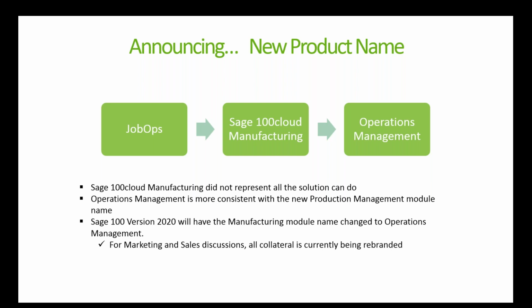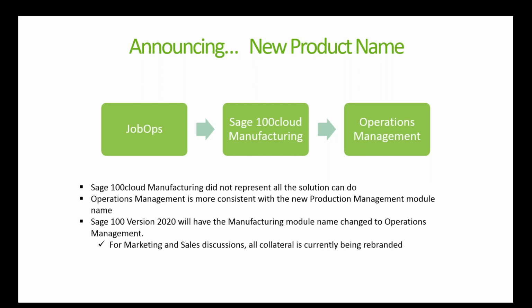And we believe that this naming is more consistent with the Production Management name, as well as providing a broader path, if you will, for the adoption of that product. So the marketing literature and everything is being rebranded with Operations Management. That's already in the works.